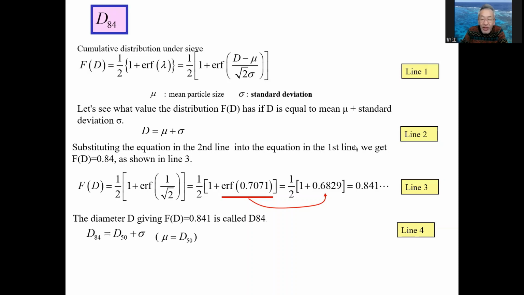D84 satisfies the equation on the second line, so we can rewrite it as the first line using the relationship mu equal D50. Mu is replaced with D50. From the equation on the first line, you find that standard deviation sigma of the normal distribution is the difference between D84 and D50.